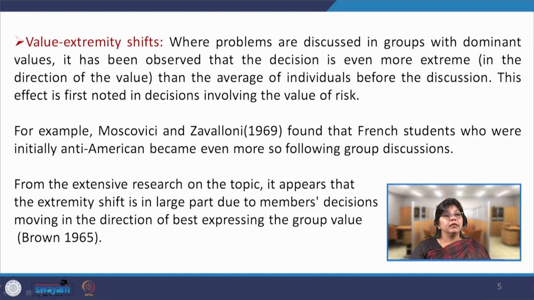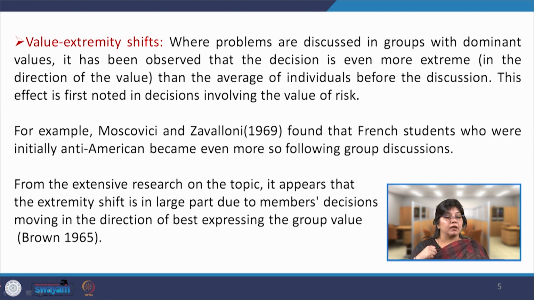Suppose any decision has been taken and a lot of consensus is there, then sometimes members tend to flow in that direction only, without understanding what impact it can have, even though sometimes leaders are compelled to change their decision. So, where problems are discussed in groups with a dominant value, it has been observed that the decision is even more extreme.